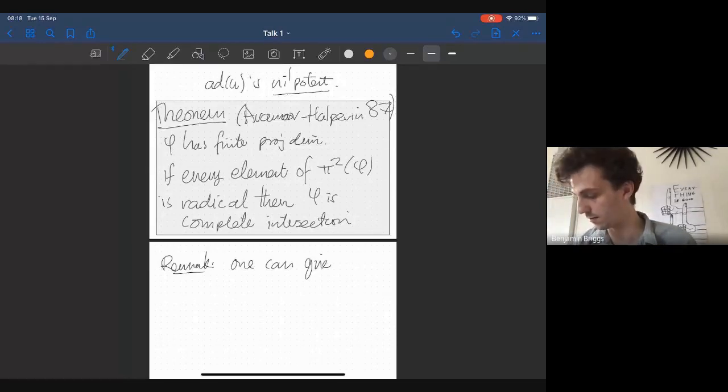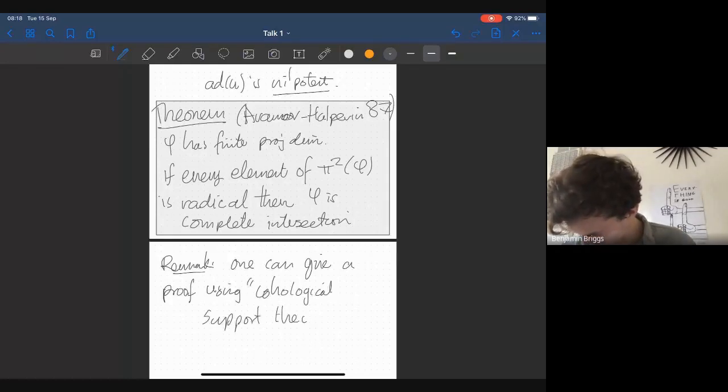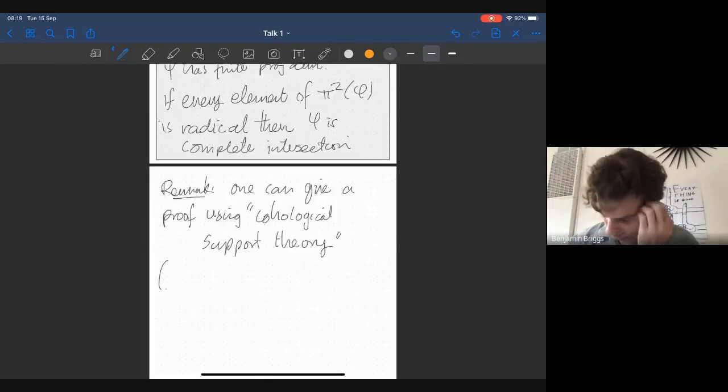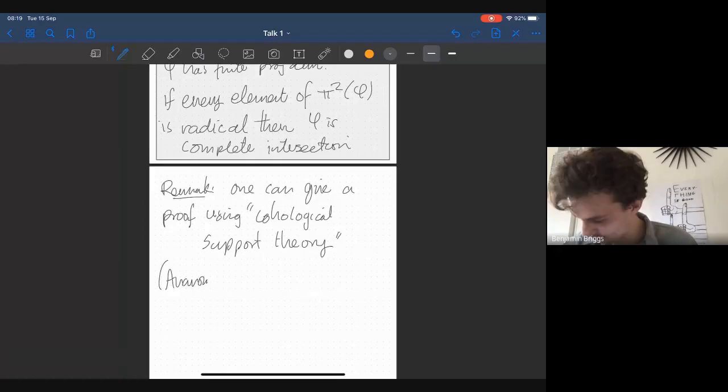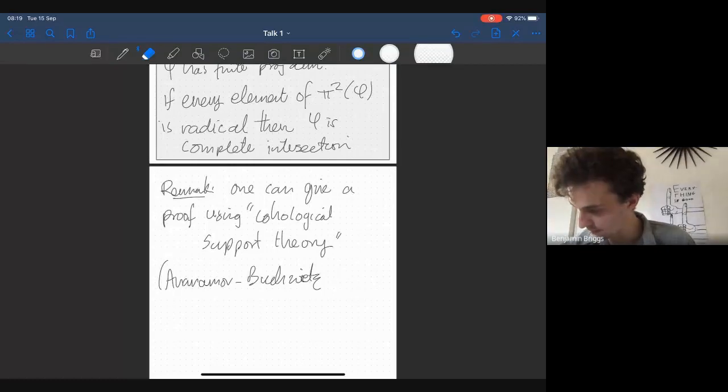The proof there is quite nice, but there is certainly a more modern and maybe more conceptual proof of this theorem using what's called cohomological support theory, which is something invented by Avramov, once again, and Buchweitz in 2000, I think, about cohomological support theory for complete intersection rings.